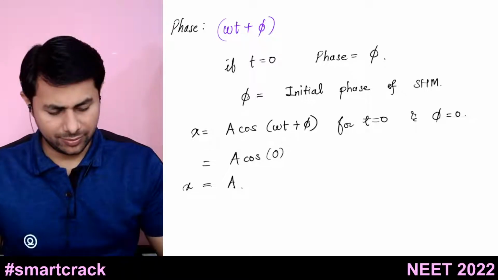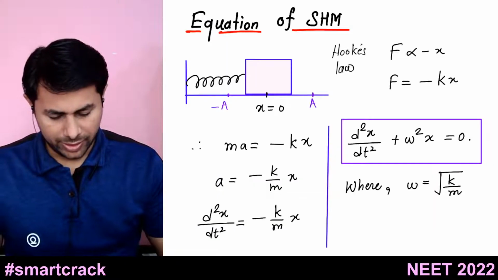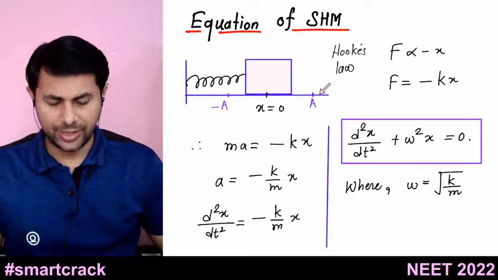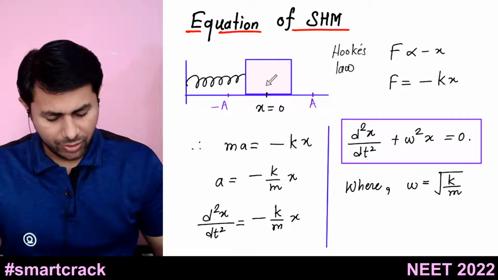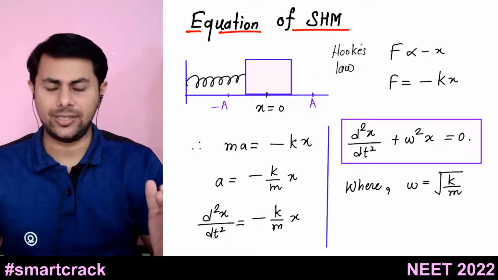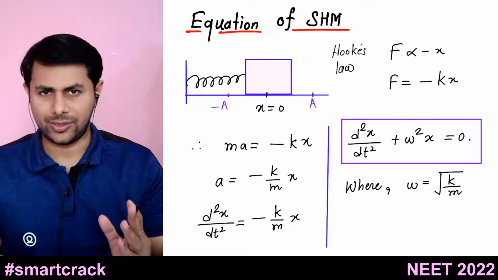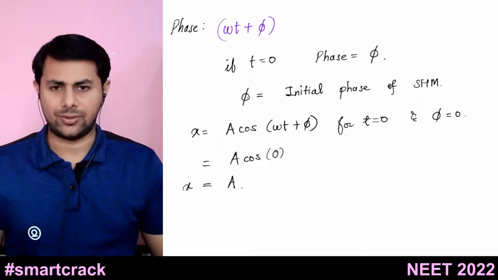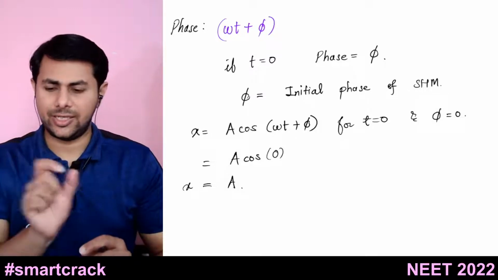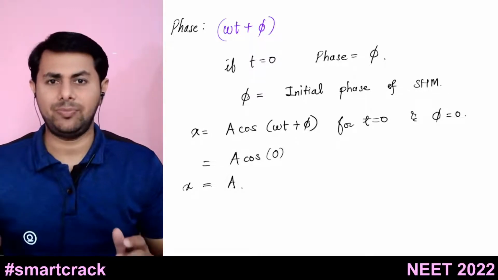Which extreme position? If you have pulled your mass till this point and released it, it will start from that position. If phi is equal to 0, it means that the particle starts its oscillations from the extreme position.